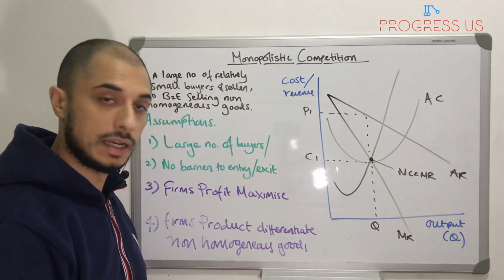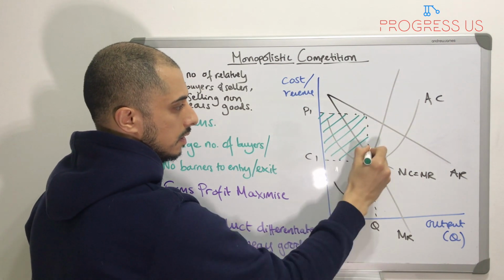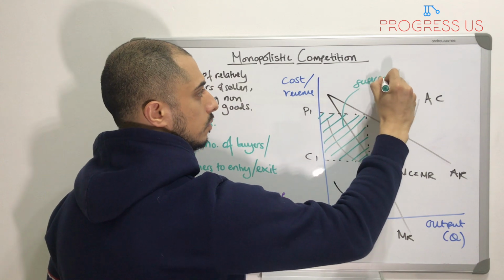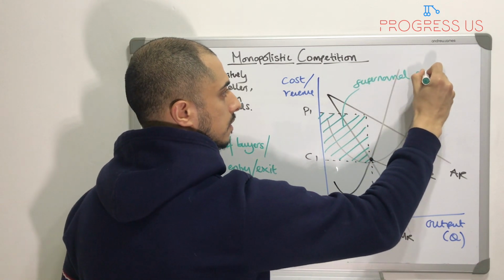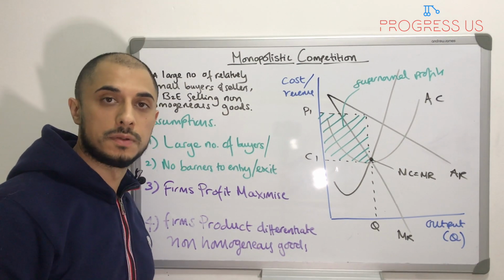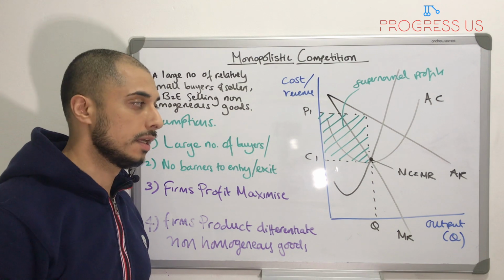That then highlights the rectangle box just over here, which means we establish supernormal profits.